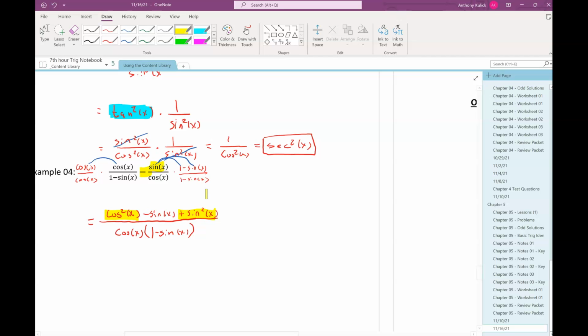Addition is commutative, so it doesn't matter the order in which we're adding. We can move them around so they can be next to each other.